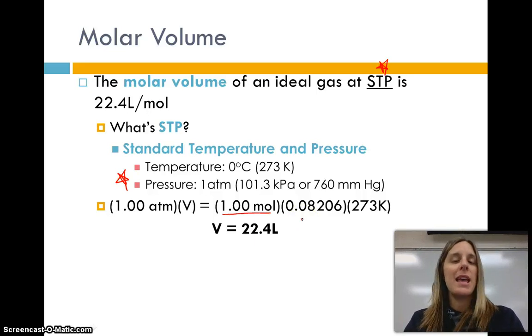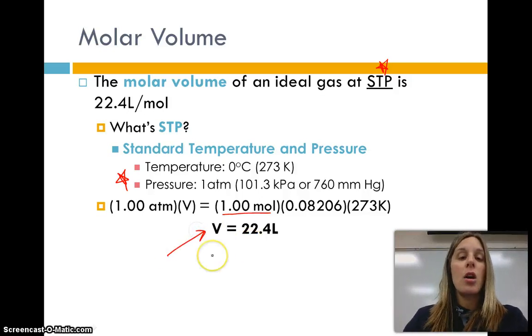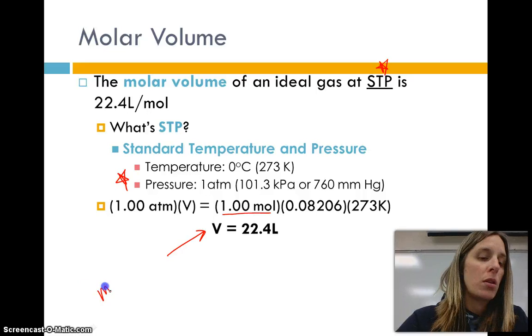It doesn't matter if that gas is hydrogen, oxygen, water vapor, or carbon dioxide. All that matters is that there's 1 mole present. No matter what gas the scientists put into their chambers, every time they put in 1 mole at 1 atmosphere and 273 Kelvin, the volume was 22.4 liters. Because of that, we call this molar volume.